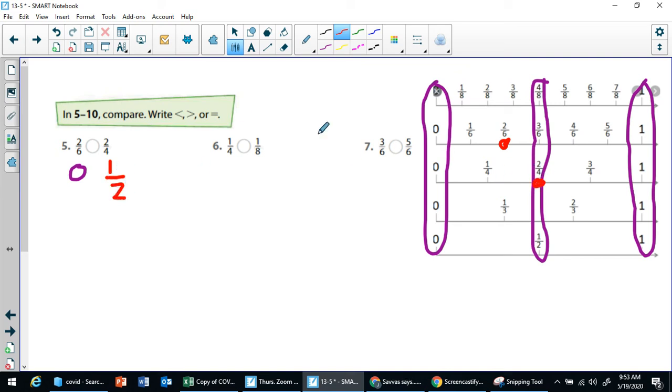So look at that. I can tell that 2/6 is smaller than a half. Definitely. So you're going to use that idea and that thinking of using 0, of using 1/2, and of using a whole to help you answer the rest of these questions.